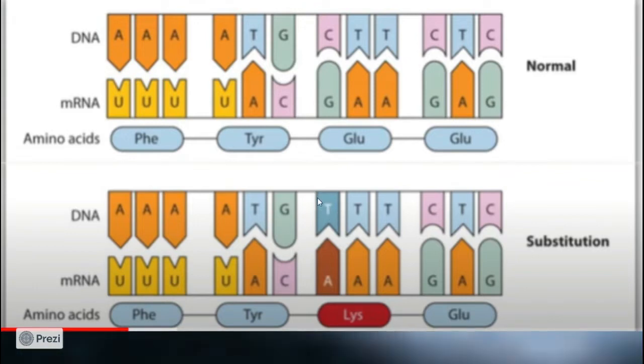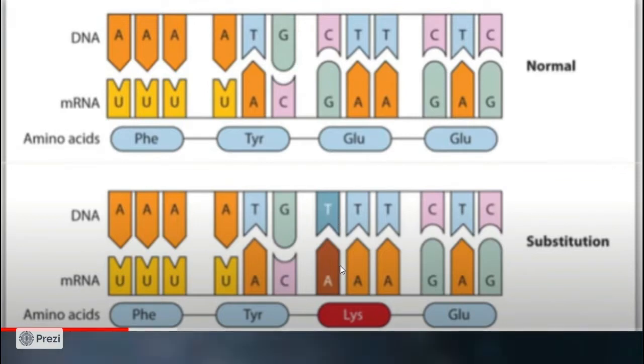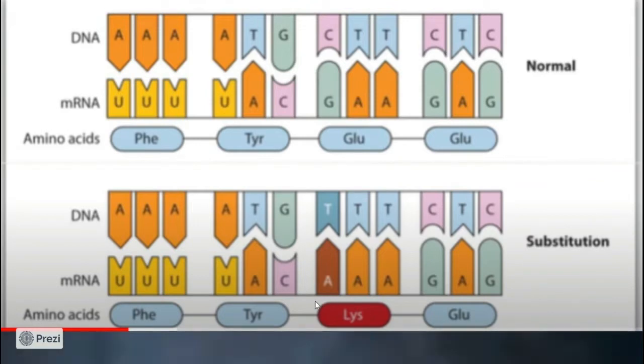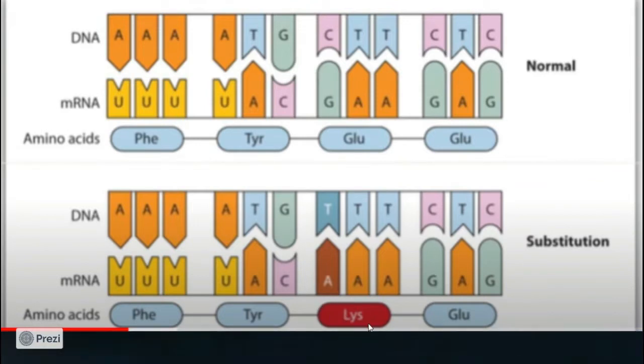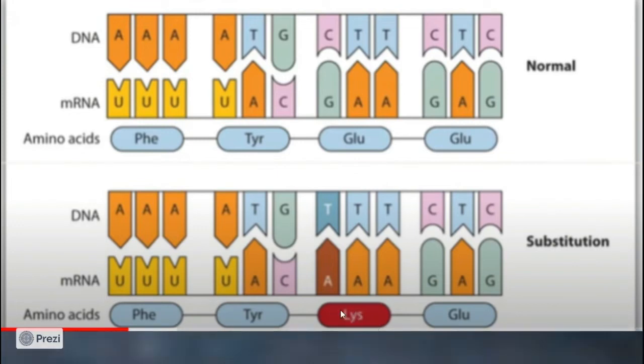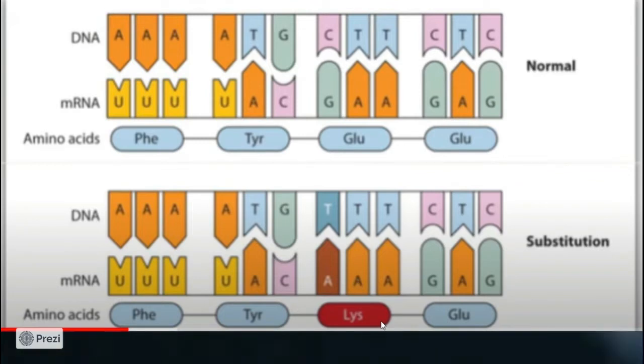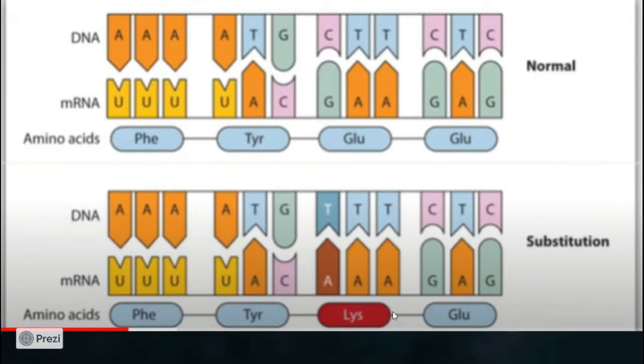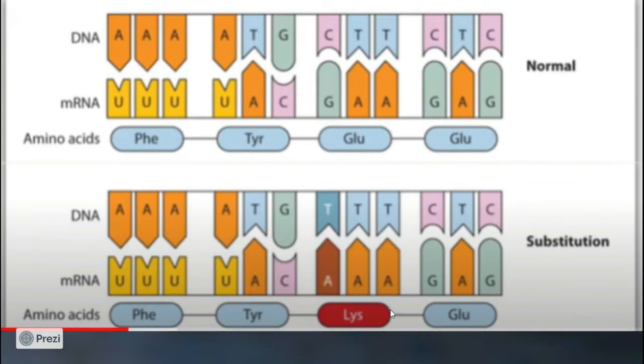Since it is thymine, the mRNA sequence changed, because thymine will always be paired with adenine. Even if only one letter is swapped in the DNA sequence, the amino acids are affected. If the amino acids change during translation, or during making the protein, it probably has big effects on our body.